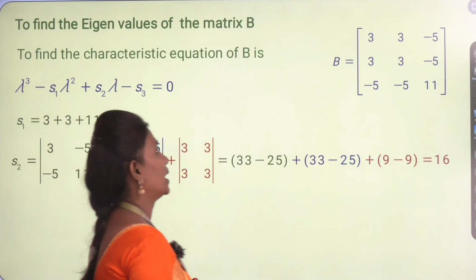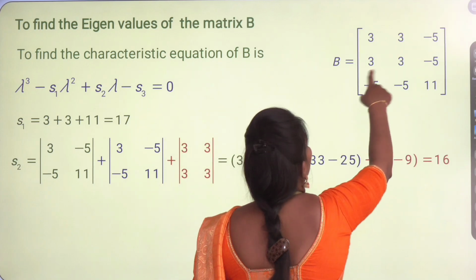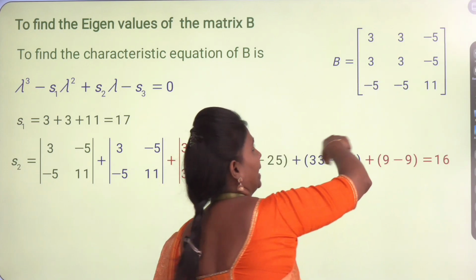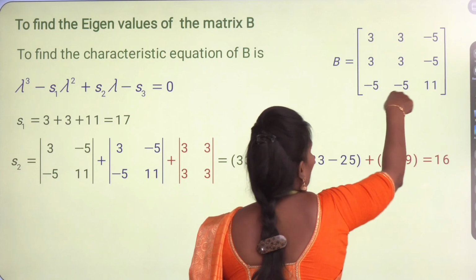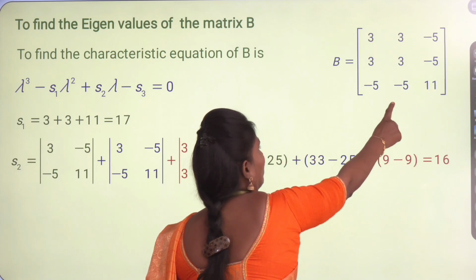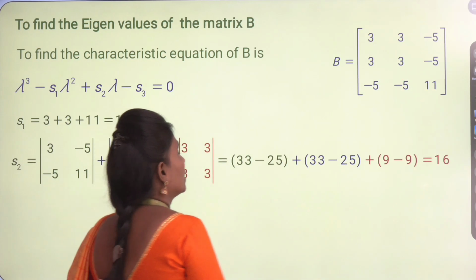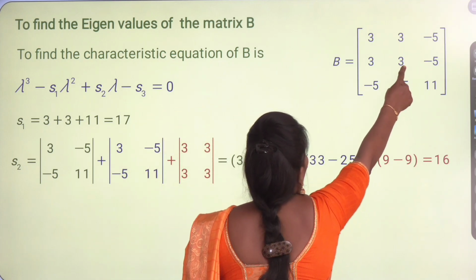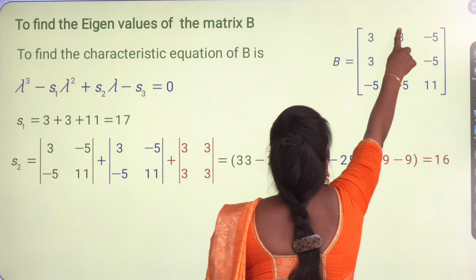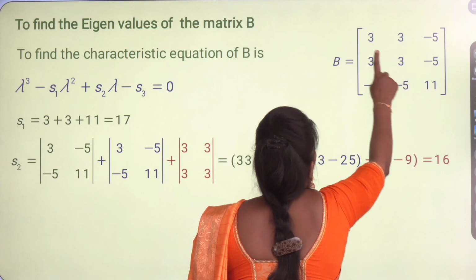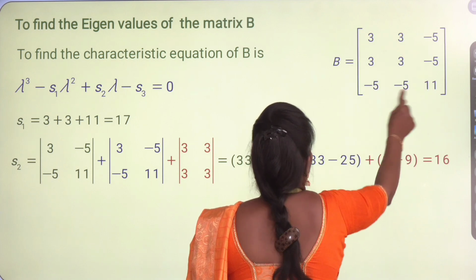Then what is S2? S2 is the sum of the main diagonal minors. For the first 3, hide its row and column and take the minor: 3, minus 5, minus 5, 11. For the second diagonal element 3, hide the second row and second column: 3, minus 5, minus 5, 11.